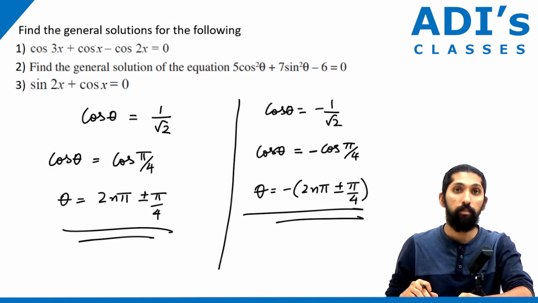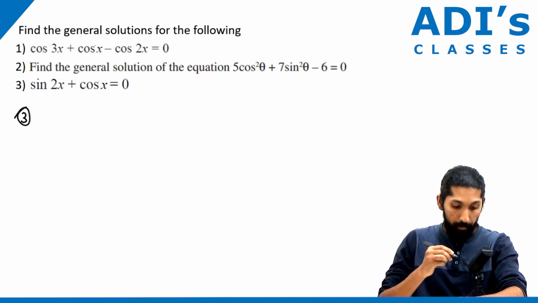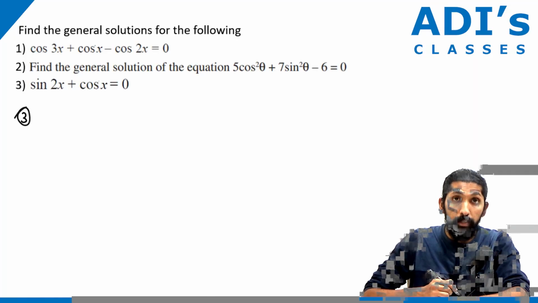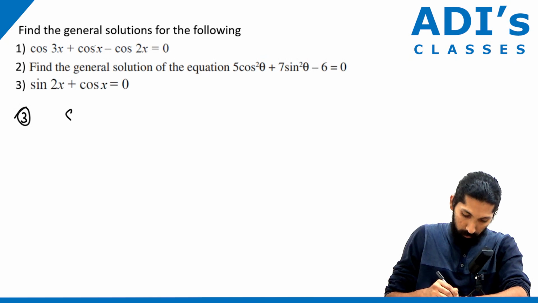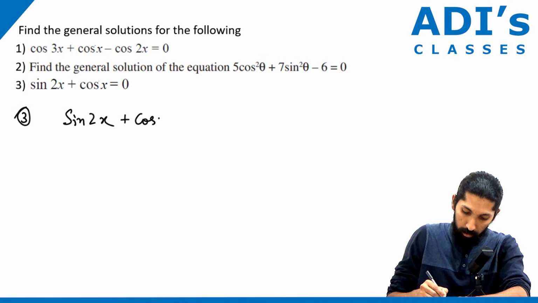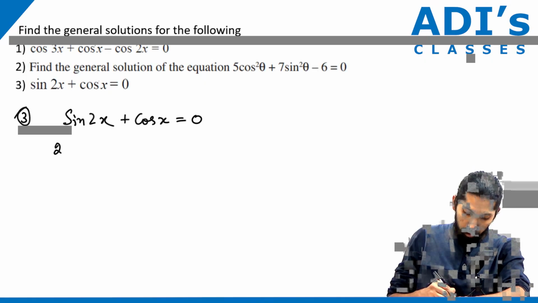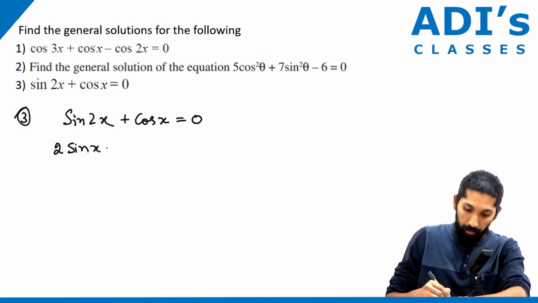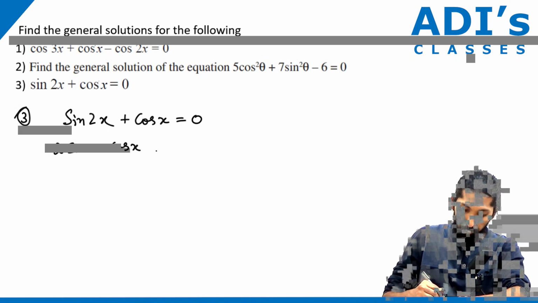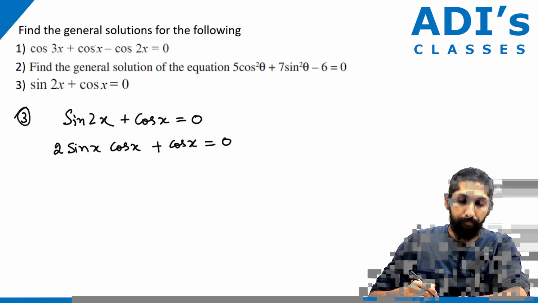Now let's do the third one. Sin 2x plus cos x is equal to 0, correct? Now here what we can do, sin 2x plus cos x is equal to 0. Now make this as 2 sin x into cos x plus cos x is equal to 0. Correct?